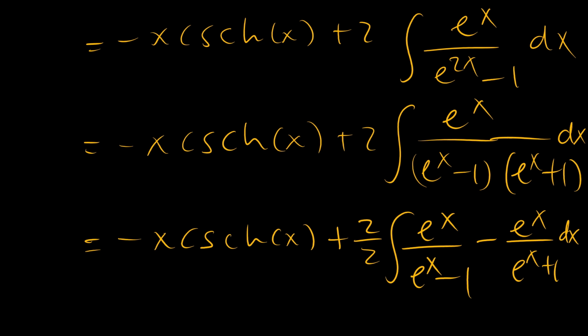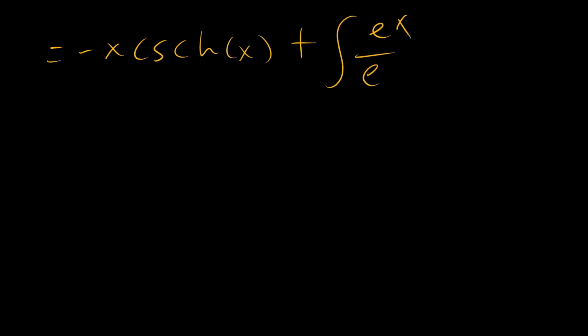So we get x cosec plus e to the x over e to the x minus 1 minus e to the x over e to the x plus 1.